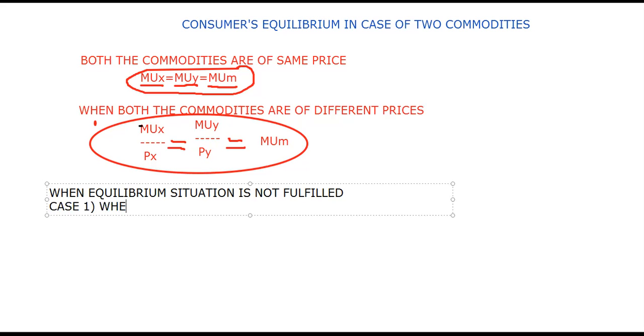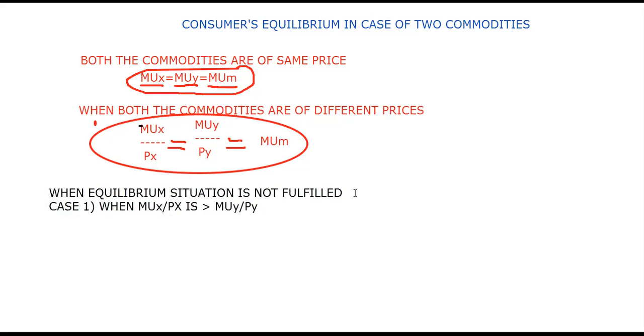Case 1 can be when MUx upon Px is greater than MUy upon Py. अच्छा ये बताइए, now what will happen in this situation? क्या होगा इस situation के अंदर?